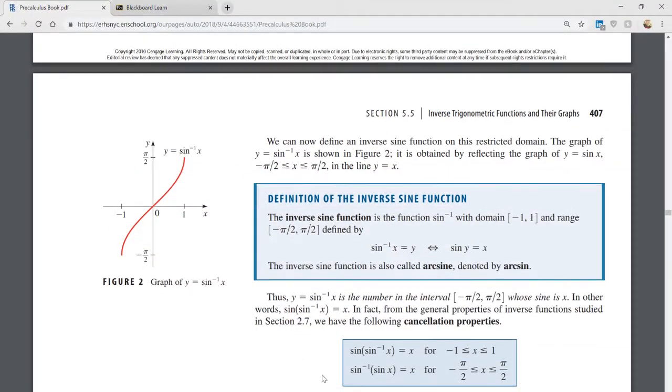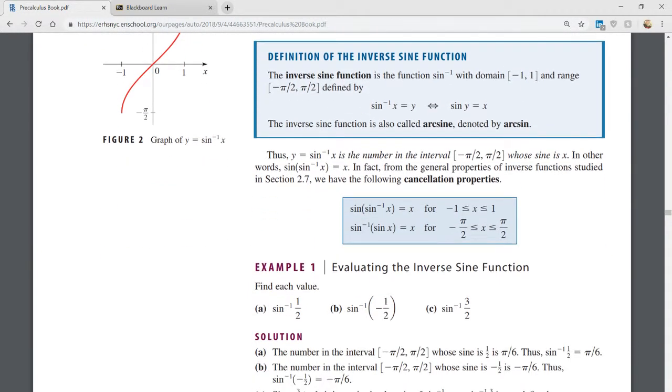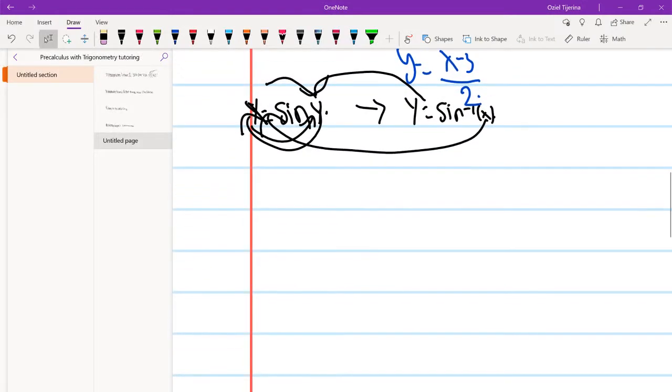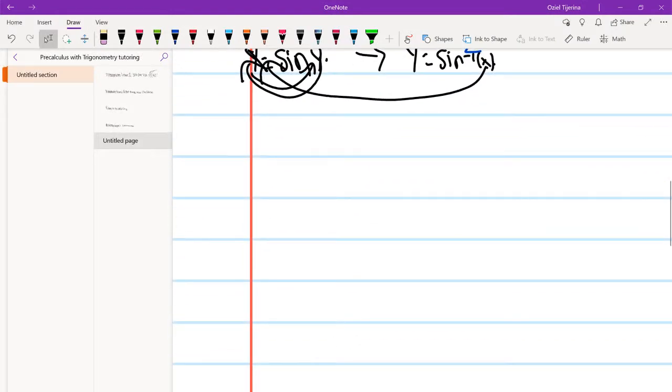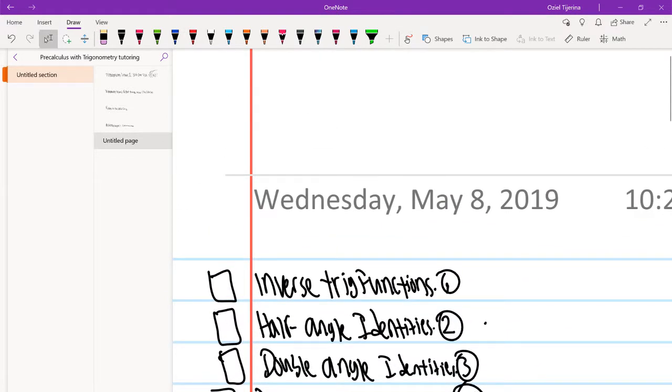One of the things that you have to learn how to do in pre-calculus or trigonometry, if you want to call it that, is inverse trig functions.